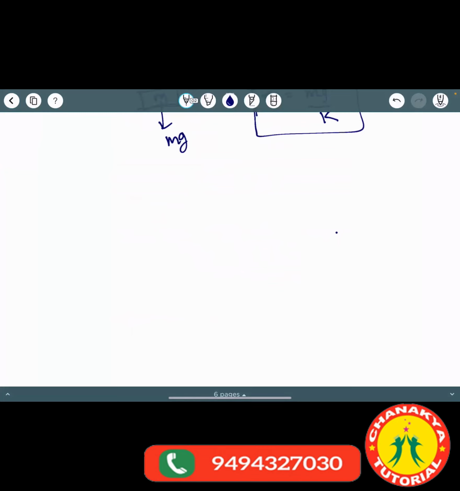There is a mass M1, and now there is a spring and one more mass M2. We have kept it on a support, let's say a table or something like that, and g is acting downwards.